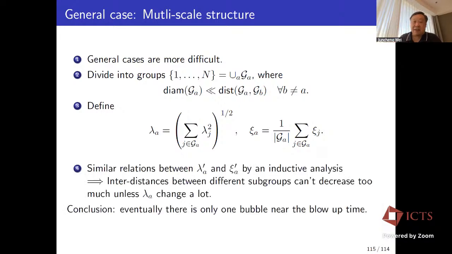The whole computation is very complicated, but in the end you can show that the bubble cluster is also unstable. And this proves the theorem that for n greater than 7, there are no type 2 blowups. All possible blowups are type 1.